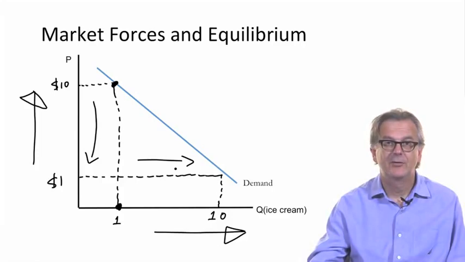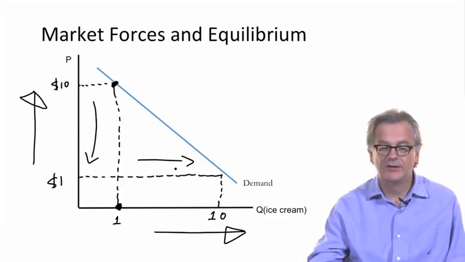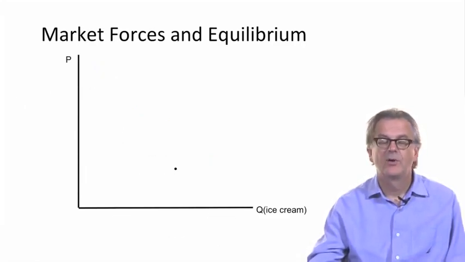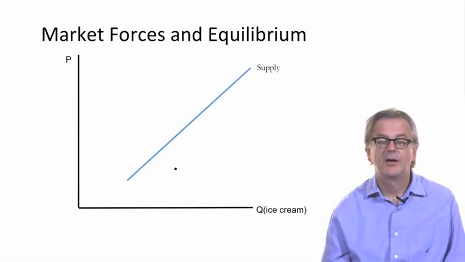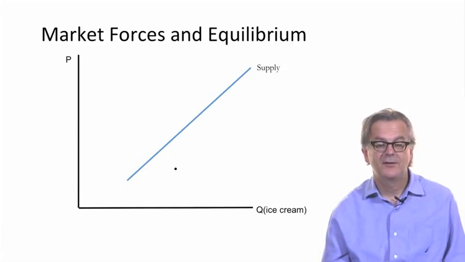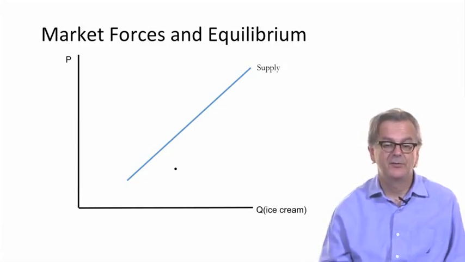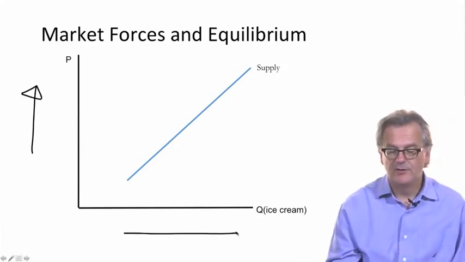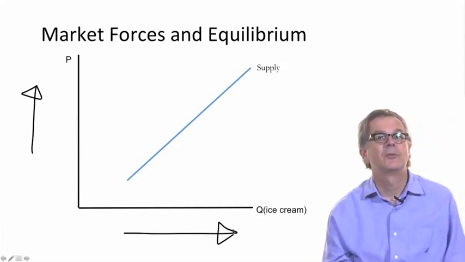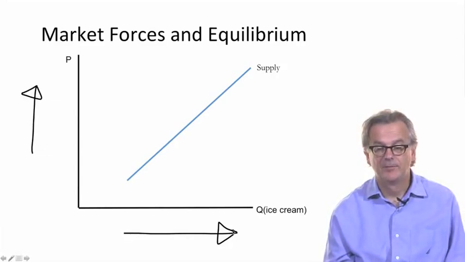So that's how we think about consumers of ice cream. What about the producers of ice cream? Their decision making is summarised by the concept of supply, and we usually work on the basis that there is a positive relationship between price and the quantity of the commodity that firms are prepared to supply.